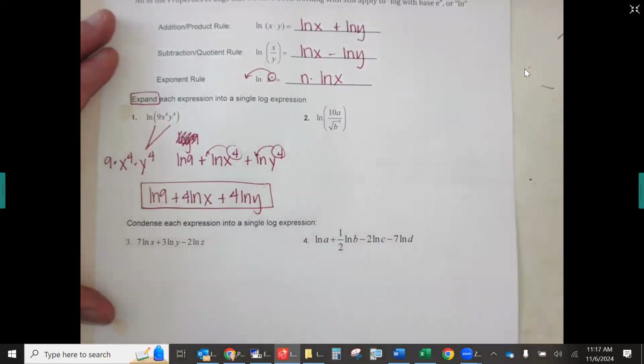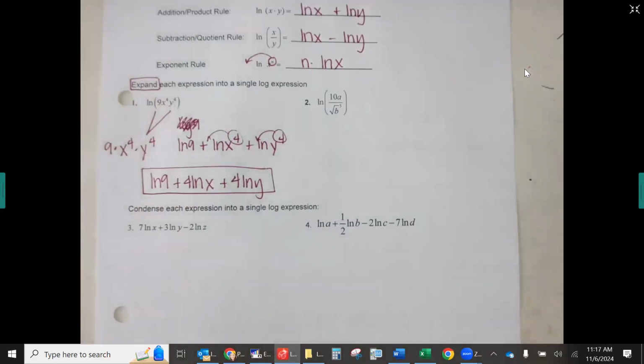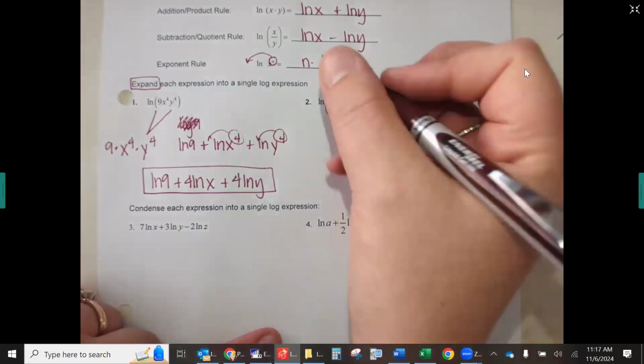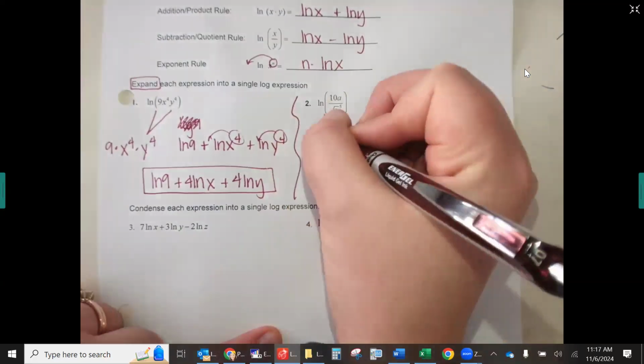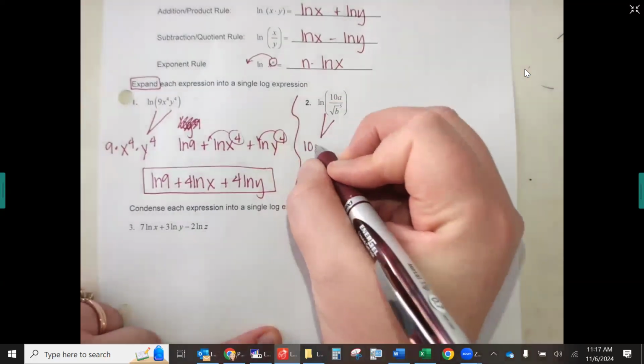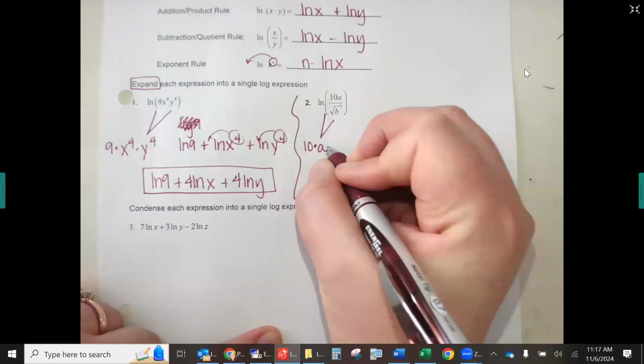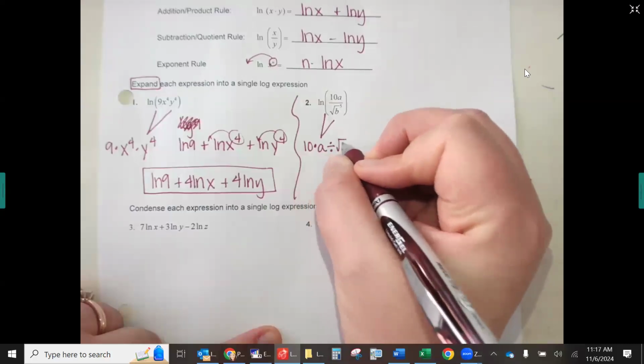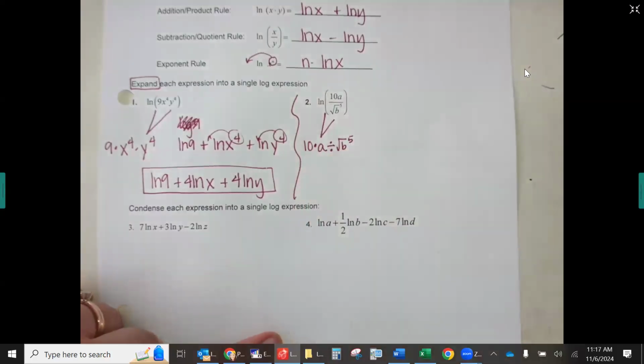Okay, but remember that when you are expanding, everybody gets their own log. So they all start out together, but when you separate them because they were originally multiplied, they'll end up added. Okay, take a look at the one right next to it. Okay, my 10 and my a are multiplied, but then I'm dividing by the square root of b to the 5th.